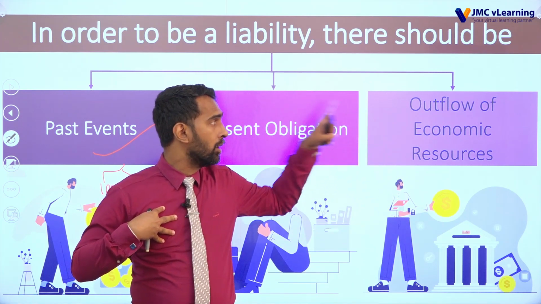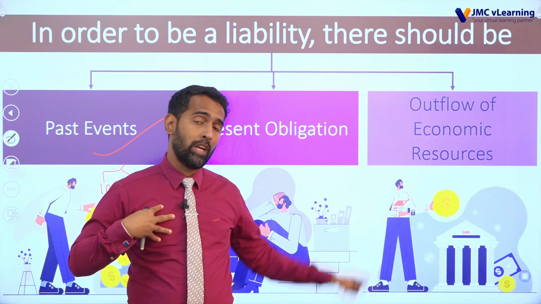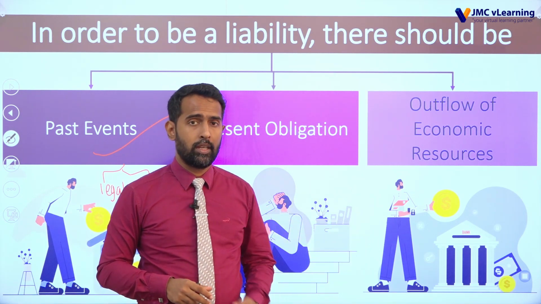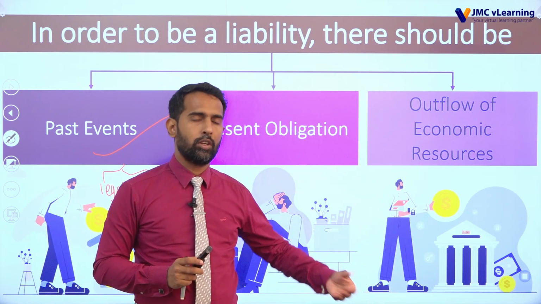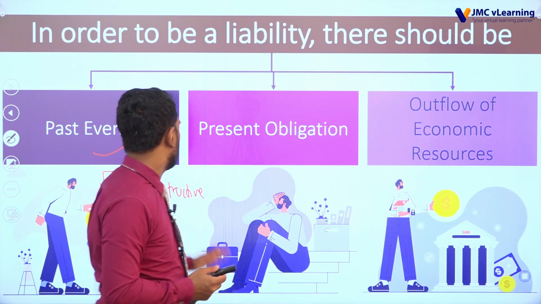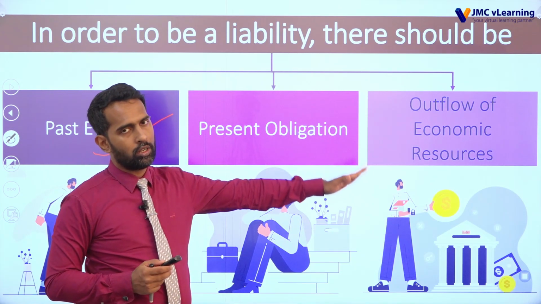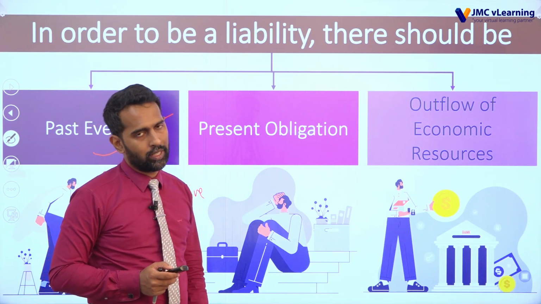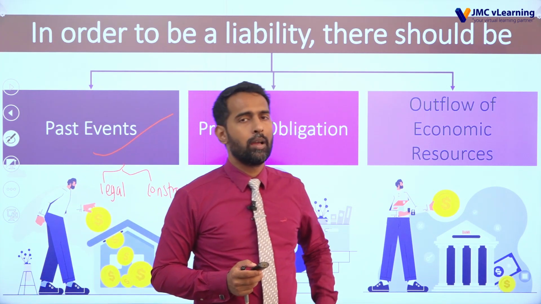And we are going to settle it, and there will be a cash outflow. There will be an asset outflow. Outflow of economic resources. It can be cash or any other asset. You have to give away. Right? So, past events, present obligation, outflow of economic resources. These are the three features or characteristics of a liability.